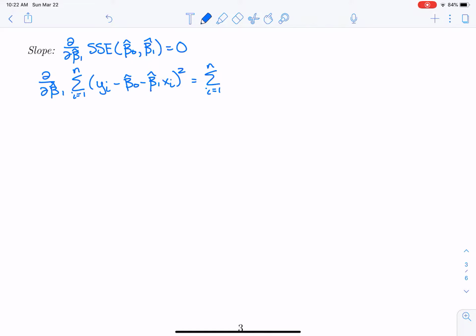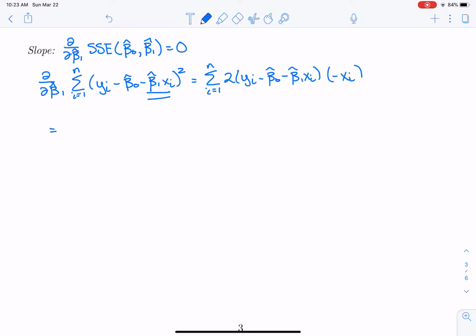So we're going to take the sum from i equals 1 to n of 2 times that quantity, y sub i minus beta 0 hat minus beta 1 hat x sub i. And then we want to take the derivative of the inside, but now the only term that depends on beta 1 is this one. And so we need to multiply by negative x sub i when we take the derivative with respect to beta 1 hat.